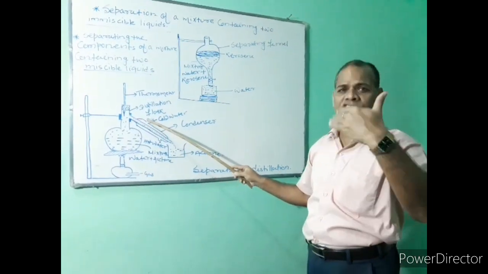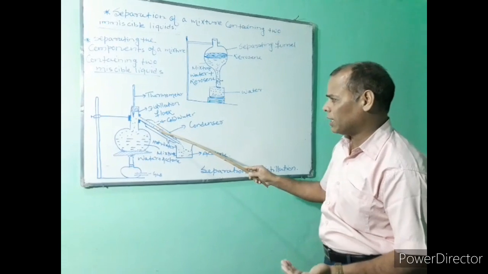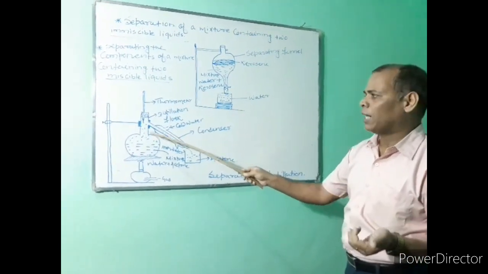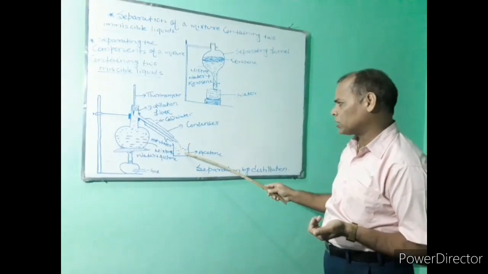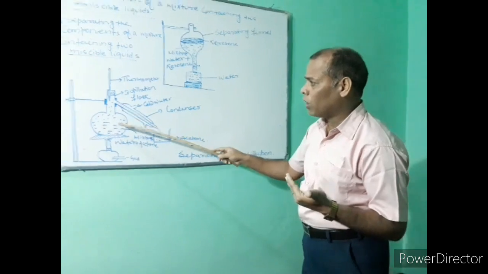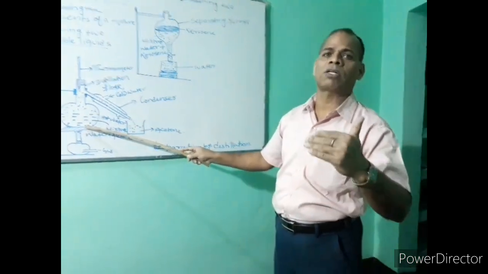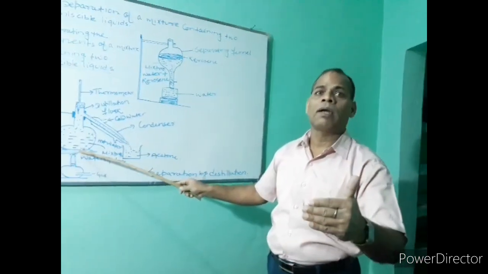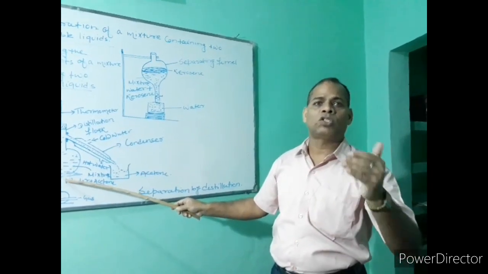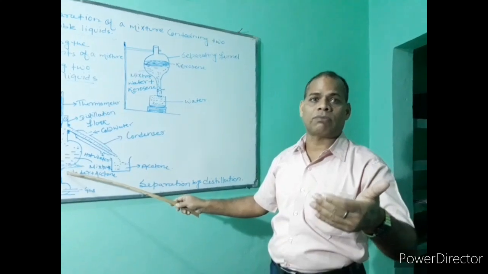That is called the condensation process. So inside the jacket, condensation takes place and the acetone vapor converts into acetone liquid. The water remains in the round bottom flask, the distillation flask. So this is the way to separate two miscible liquids.